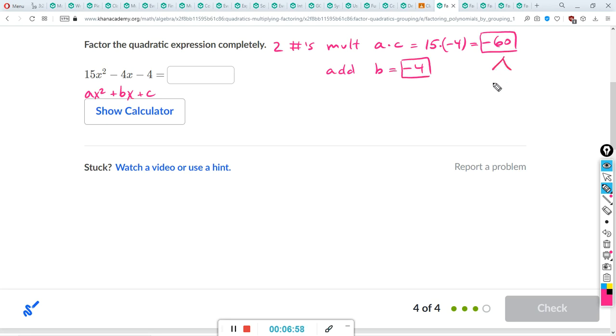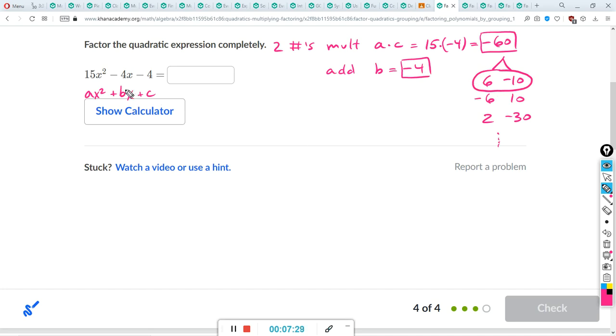So what times what is negative 60? Well, you have 6 times negative 10. You have negative 6 times positive 10. You have 2 times negative 30. And you can keep going. Do we have a pair that adds to negative 4? Yes, that's right here. 6 plus negative 10 will give you negative 4.